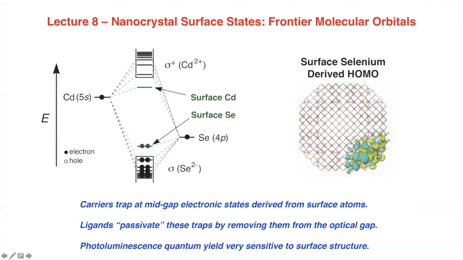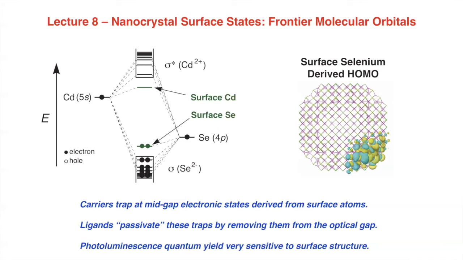This state does not delocalize over the whole crystal. It's just localized down here, and the poor overlap means that the radiative transition or the absorption are very improbable. So surface states are dark. You don't see them in the absorption spectrum. You only see the band-to-band transitions, not the surface state derived transitions.